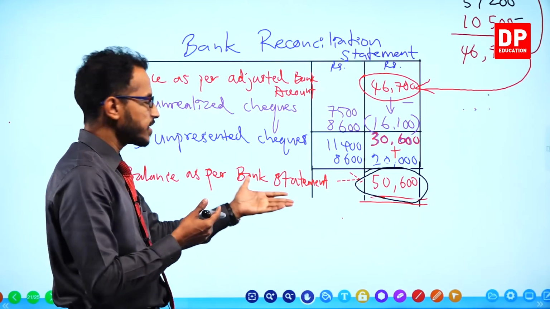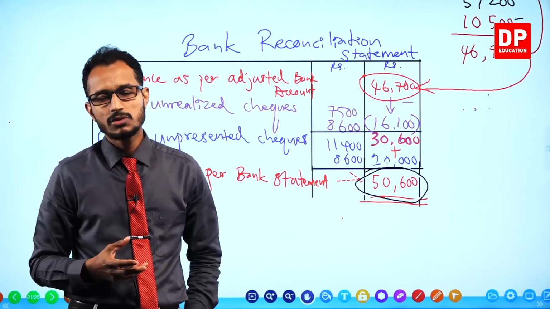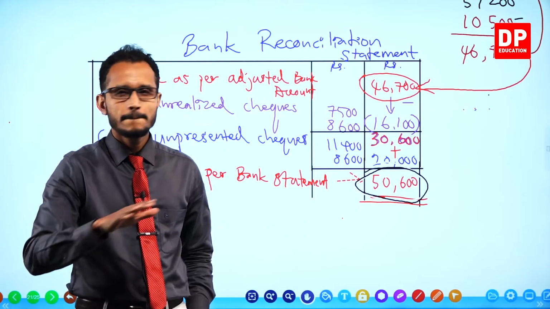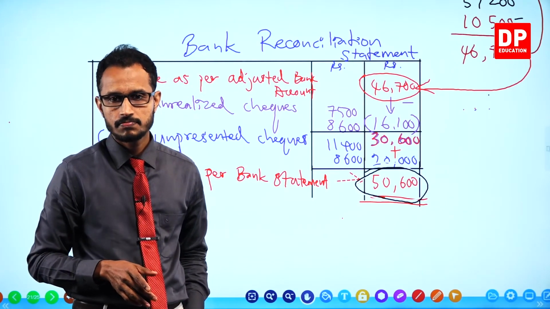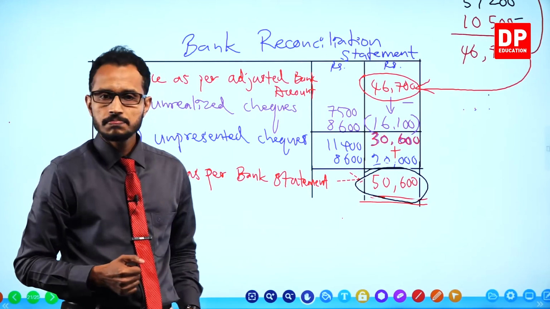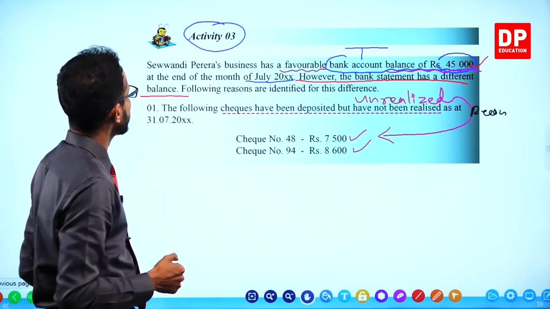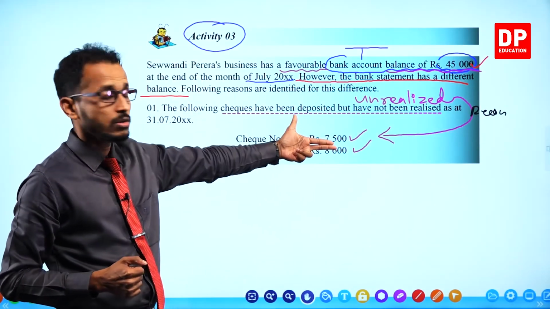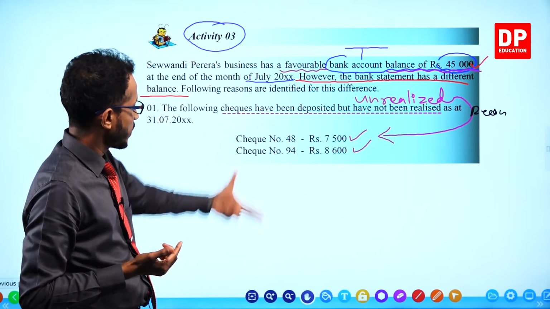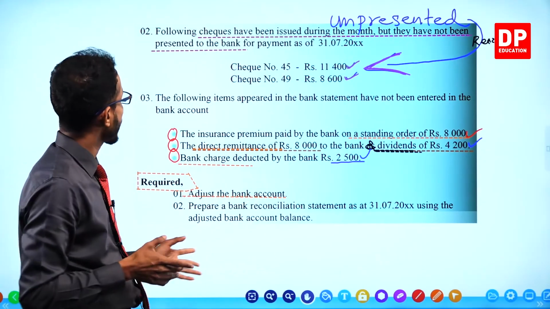Anyhow, the procedure, the way you prepare a bank reconciliation statement, is now explained. Done deal. I hope you understood this, children. The first activity in the reconciliation part of the book, activity 3, we did in a very descriptive manner, taking a lot of time.